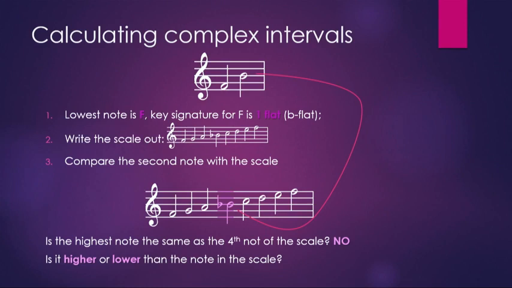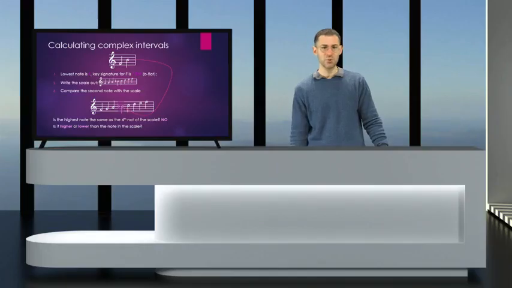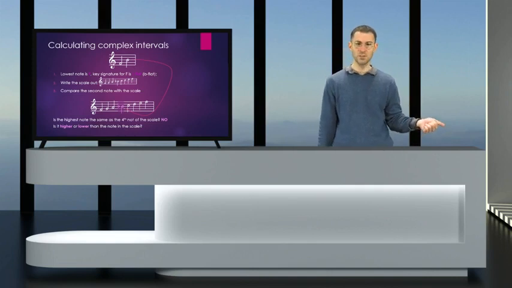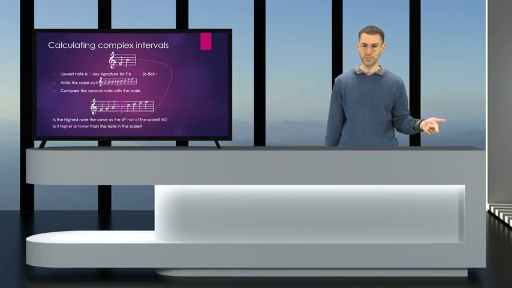So in the scale, there's a B flat, but in the interval, we have a B natural. They are not the same, are they? Now, if they were the same, it would be a perfect fourth. But because they're not the same, we now have to work out, is it an augmented fourth or a diminished fourth?